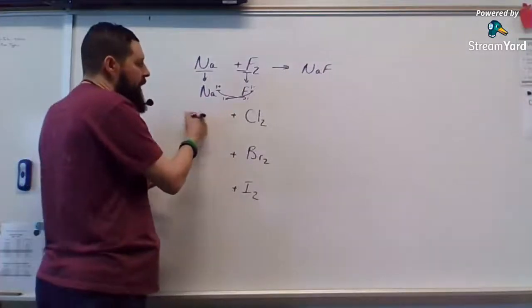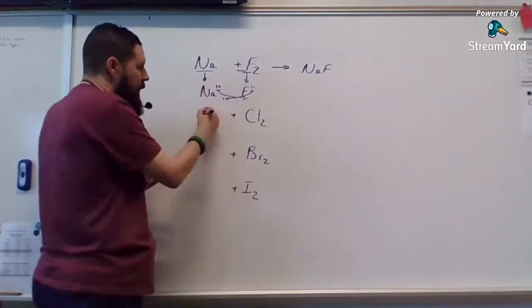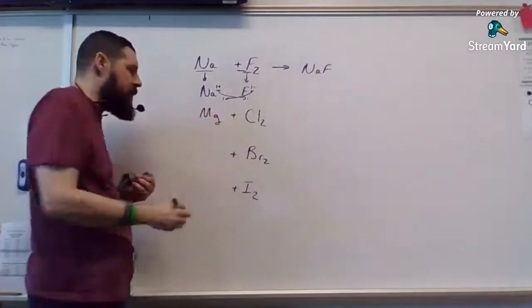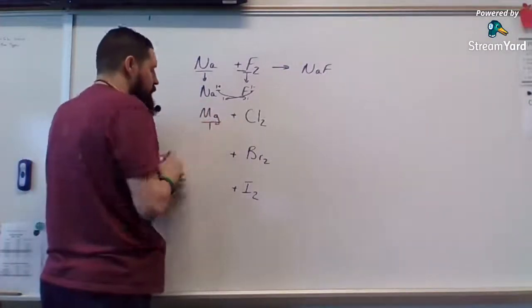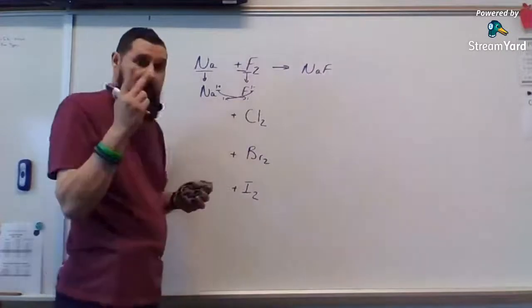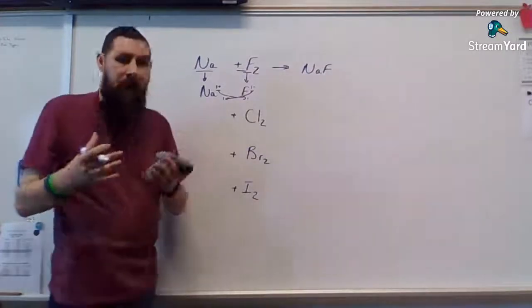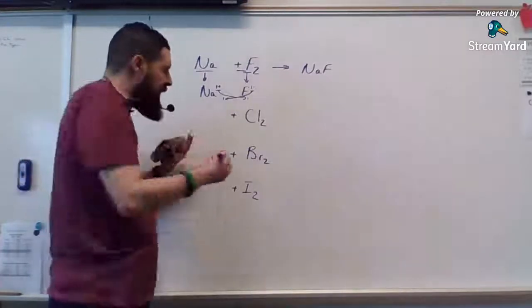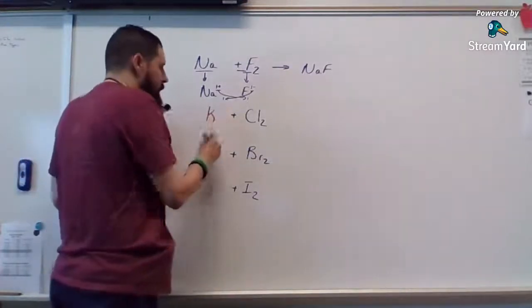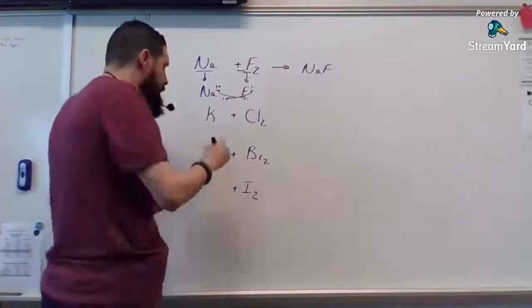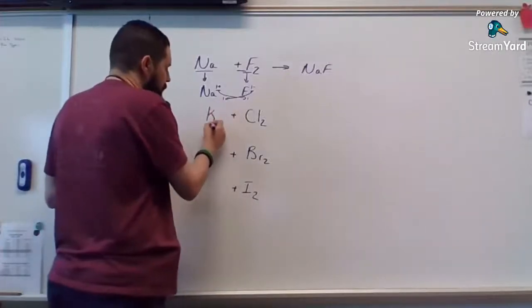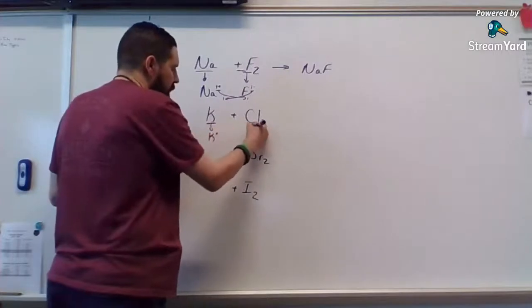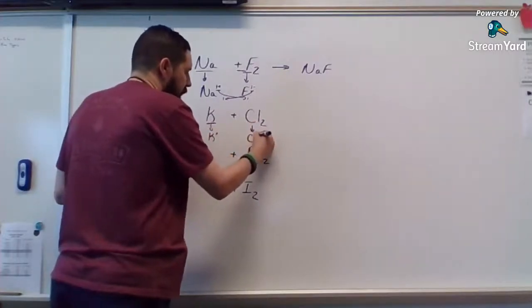I'm going to use magnesium, and sorry, that would be a group 2. Sorry, my other group 1 metal, we'll say potassium. I almost jumped ahead to group 2 metals. So potassium, again, as an ion would be K+. That Cl would be that 1-.